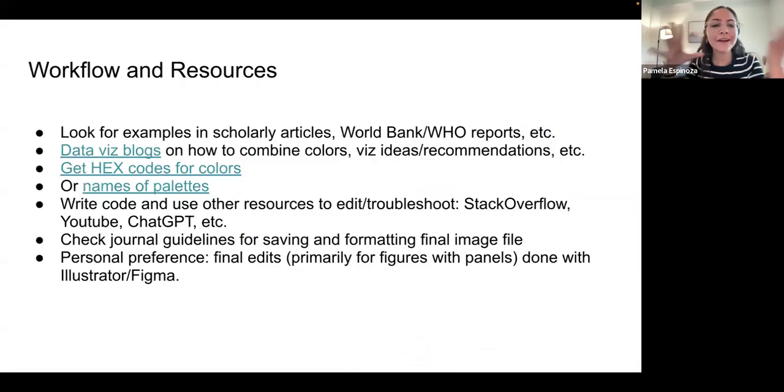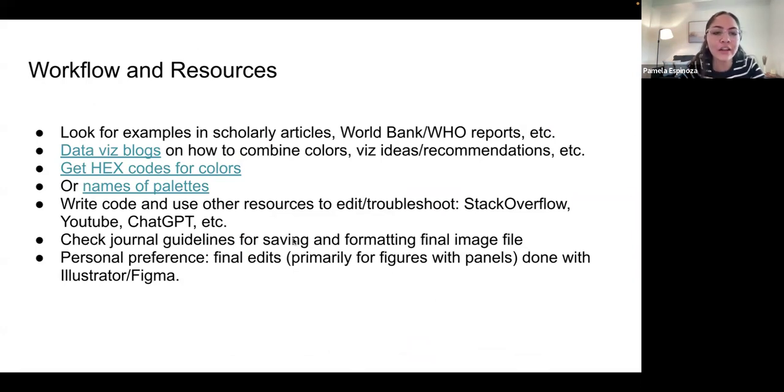So here, I just wanted to finish with a workflow and share some resources of what I usually do when making graphs in R. I look for examples in scholarly articles, in World Bank or WHO reports. I kind of steal those colors with the extension that I showed you guys, if there's any color that I particularly like.